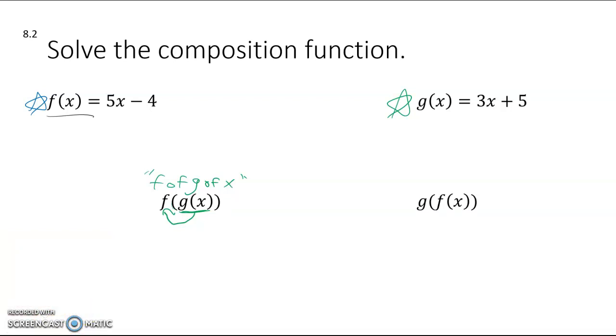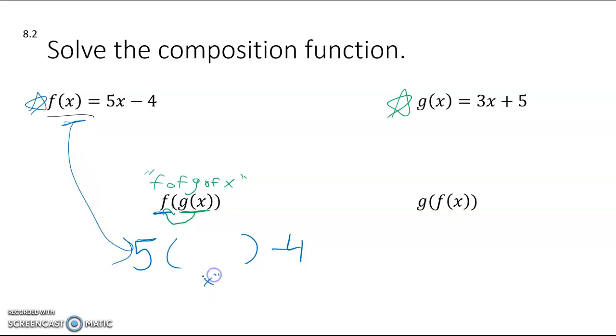So I'm going to first write out my 5, and then I have an x, so I'm going to leave a giant space there, minus 4. What I just did was take this first equation, the first f, and rewrite it: f, and then big parentheses.